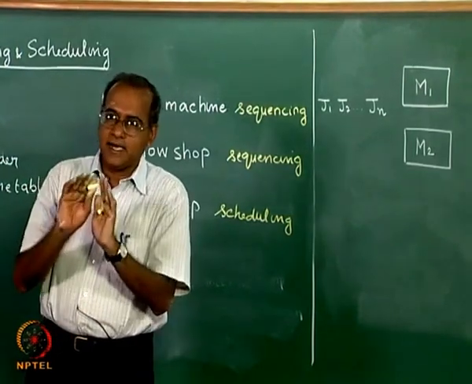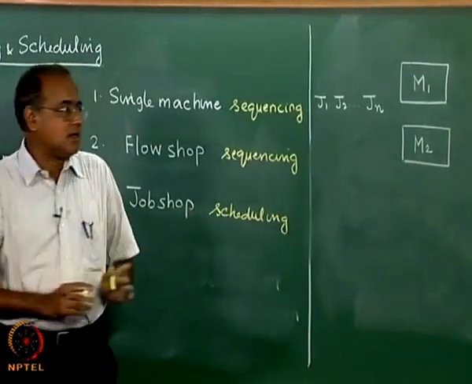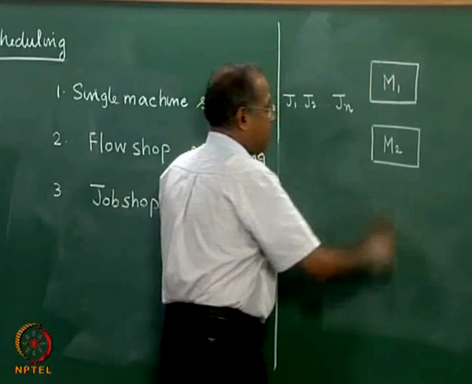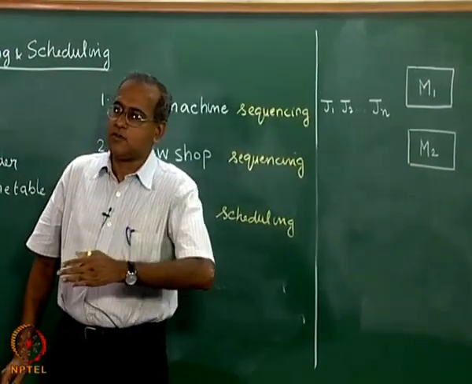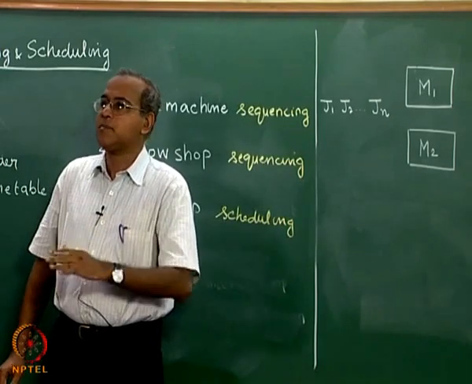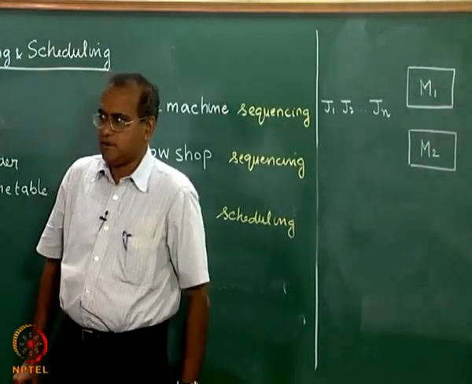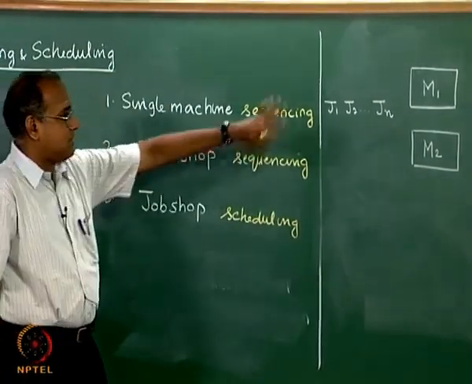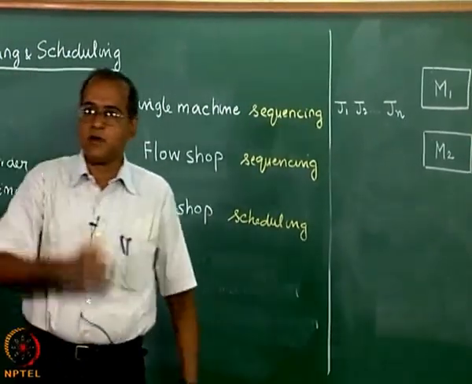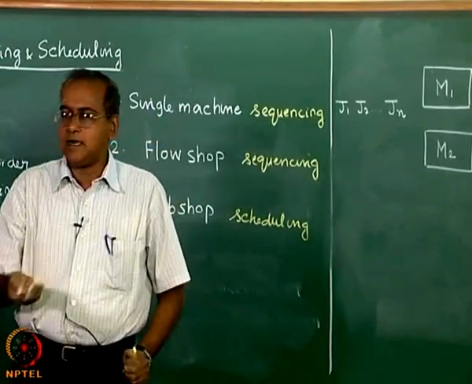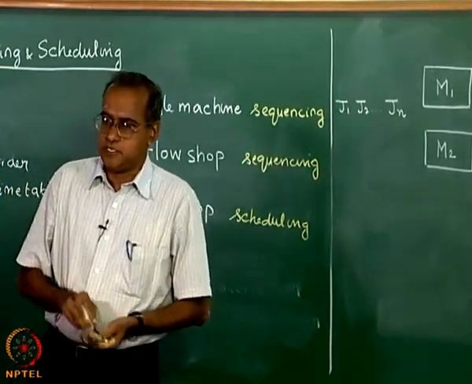If you use the word identical processing, it means the processing time is the same on either of the machines or both the machines, and if you use the word non-identical, it means the processing times are different. So single machine problems can be seen either as a single resource or as a multiple resource with identical and non-identical machines.